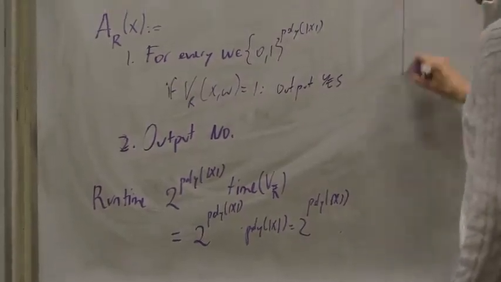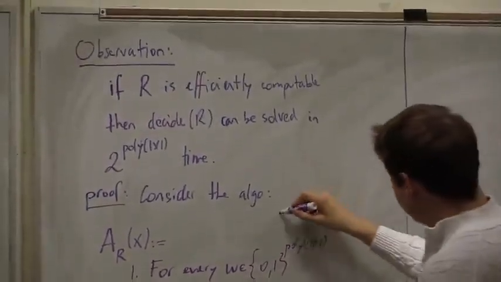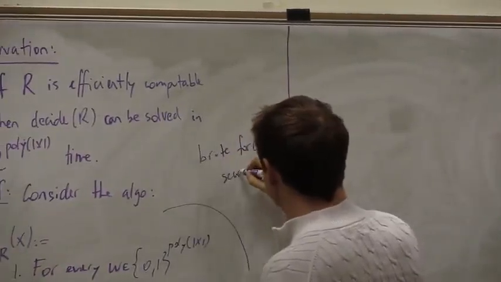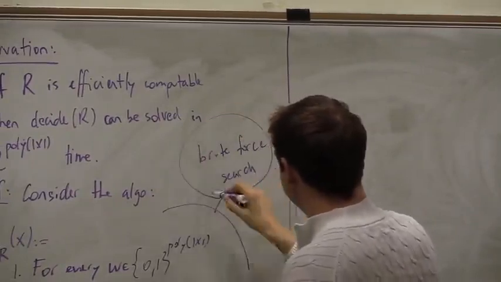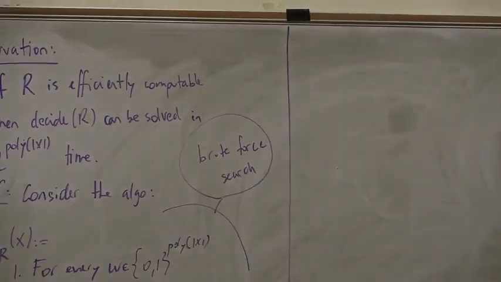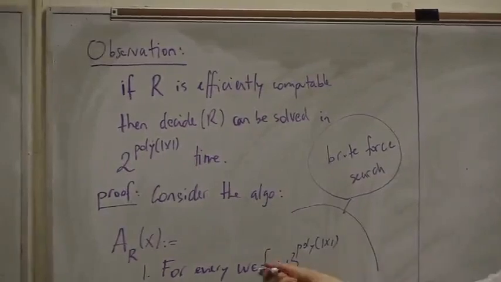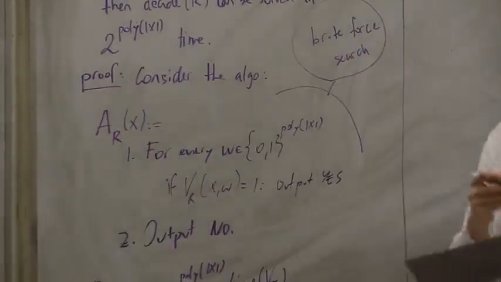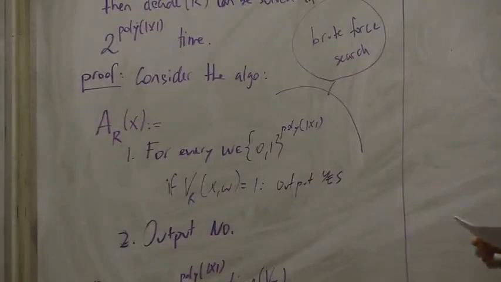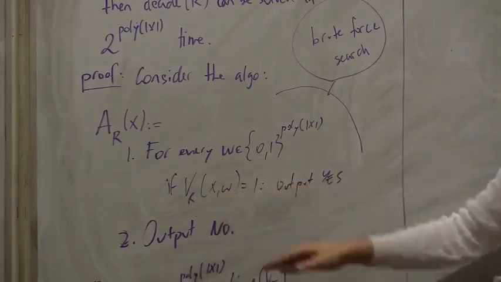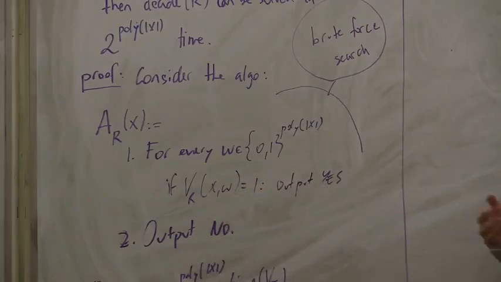Now, the algorithm that we just wrote down is known as brute force search. Because R is efficiently computable, the decision problem associated with it has a well-defined search space: all witnesses of polynomial length, like all binary strings of polynomial length. And because we can recognize a valid witness once we see one, there is a strategy that will work for every binary relation that is efficiently computable. We just try all of them, okay?